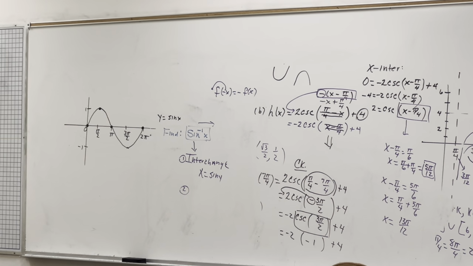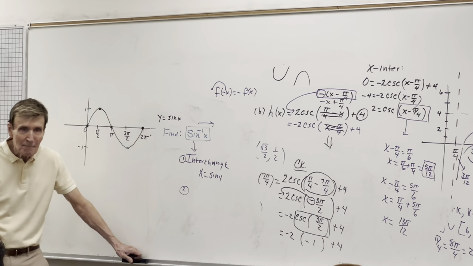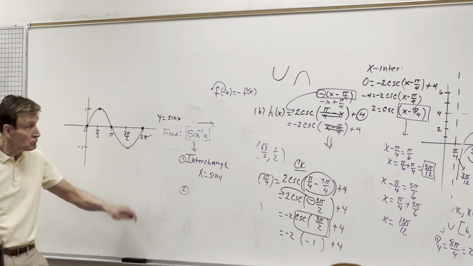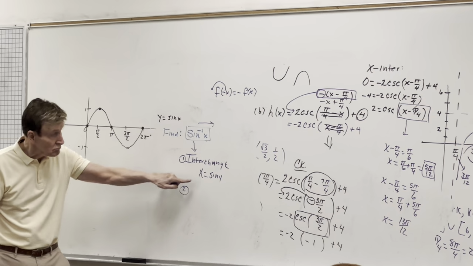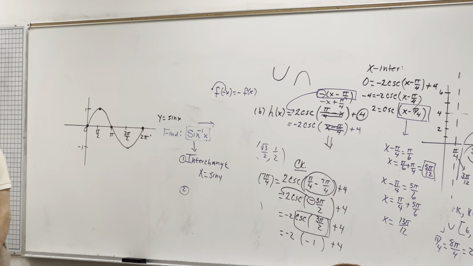Do it again. Tell me what you think y is, the way it looks on the board. You've got to solve for y. I interchange, it's supposed to solve for y, only 2 steps to find inverse. Anyone tell me what the y is?